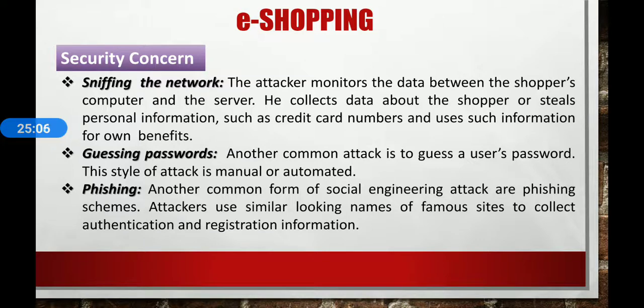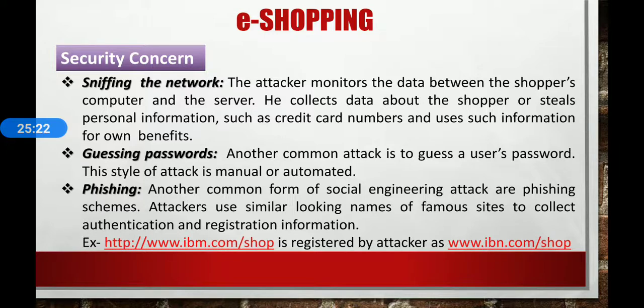It's phishing. Another common form of social engineering attack, the phishing schemes. Attackers use similar looking names of famous sites to collect authentication and registration information. For example, http://www.ibm.com/shop is registered by the attacker as www.ibn.com/shop.